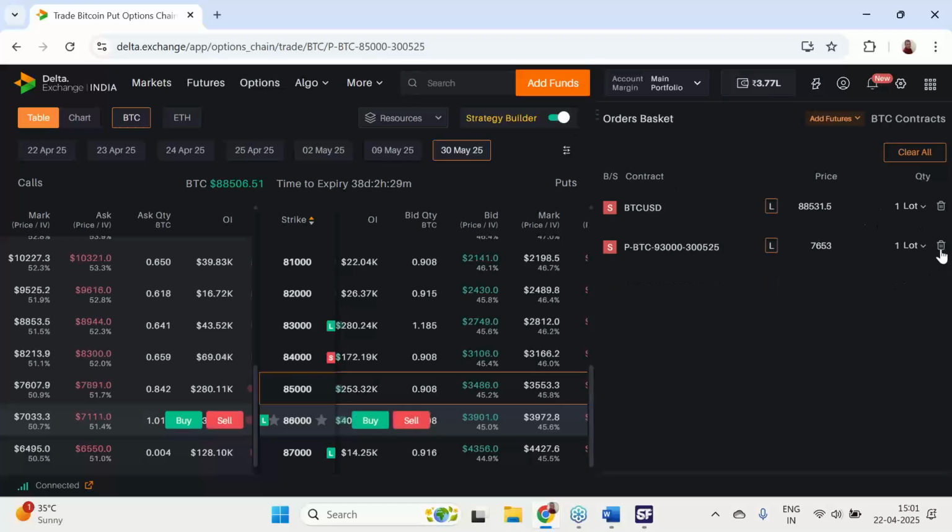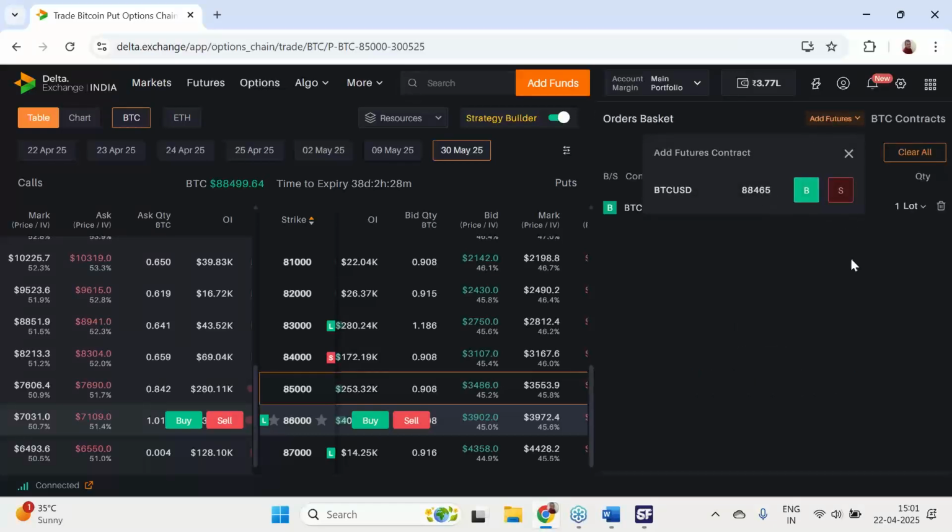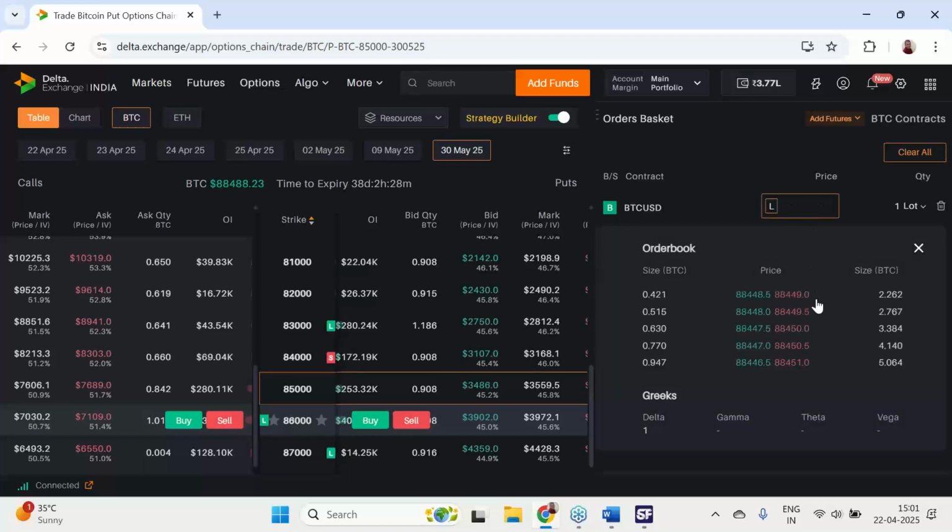Here I'm deleting the earlier things. I'll also be giving you one more example here. So what I do here is click and buy a future. How many lots? One lot. I'll go for the limit option and buy at this price.